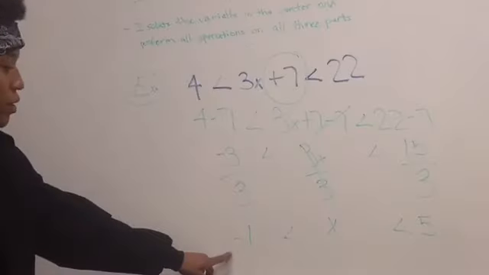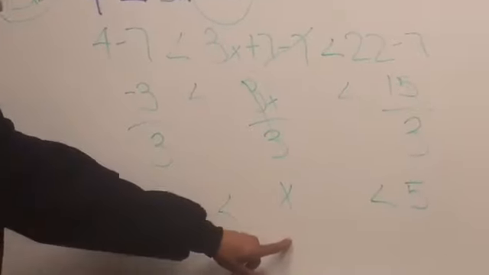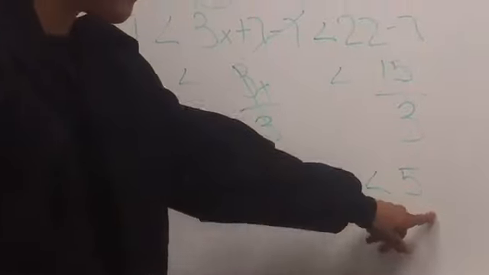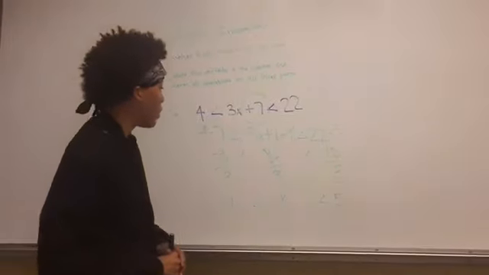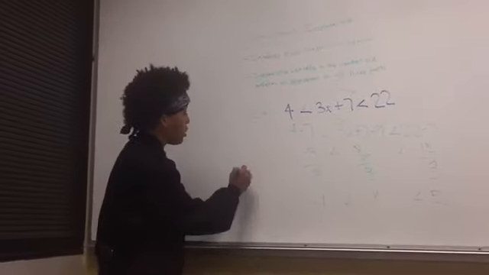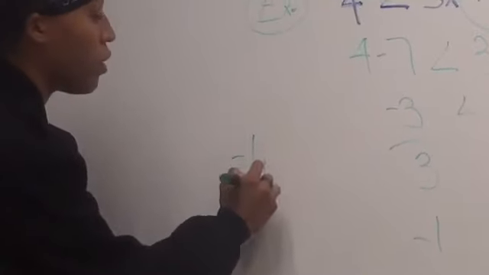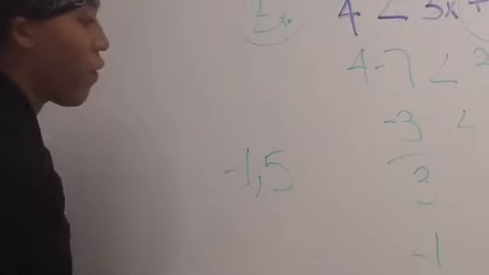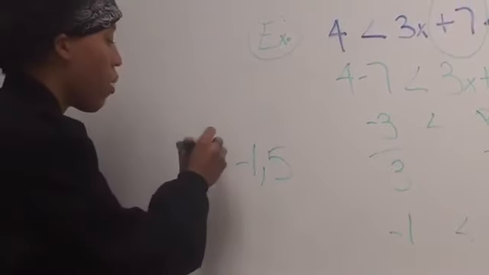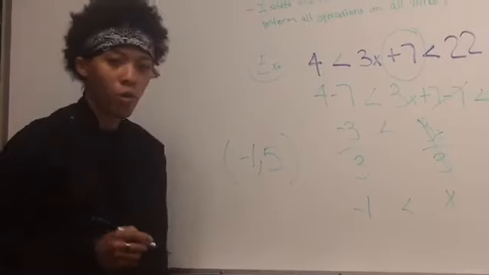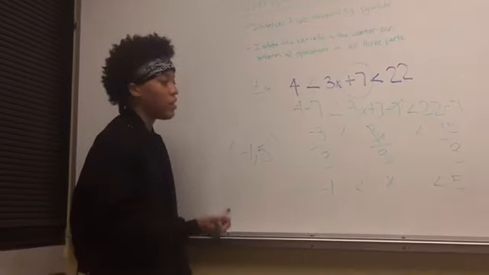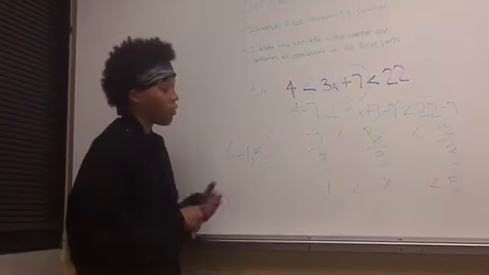And this will be your answer: negative 1 is less than x, which is less than 5. To write this in interval notation, the answer will be negative 1 and 5, in parentheses, which is open, because it excludes the endpoints.